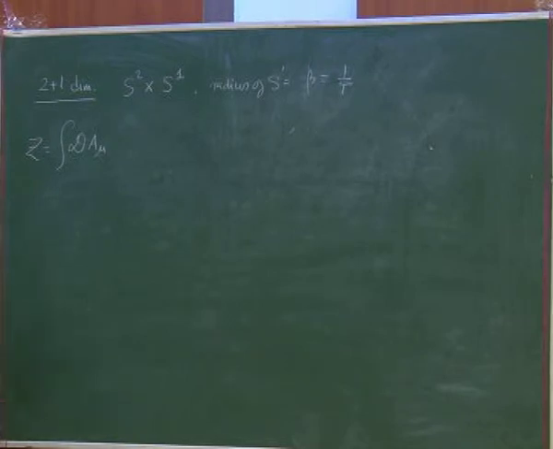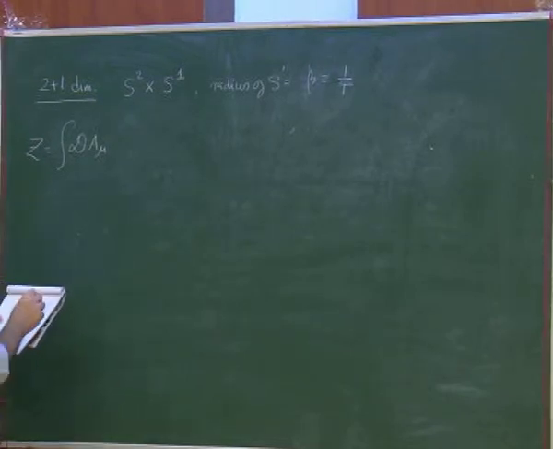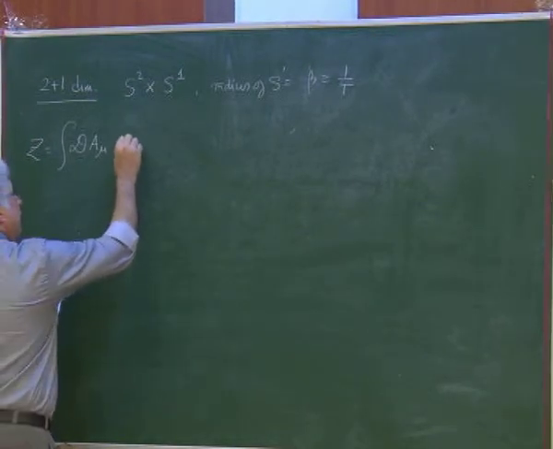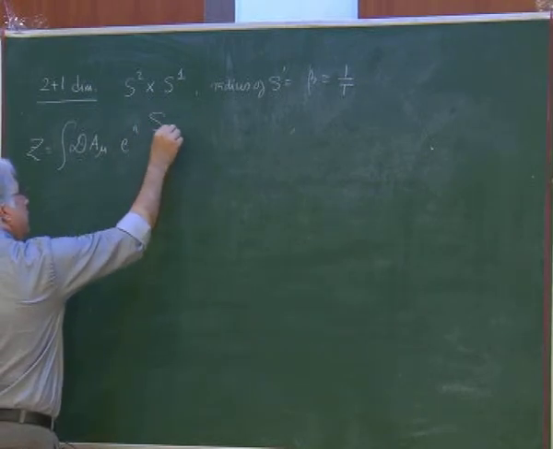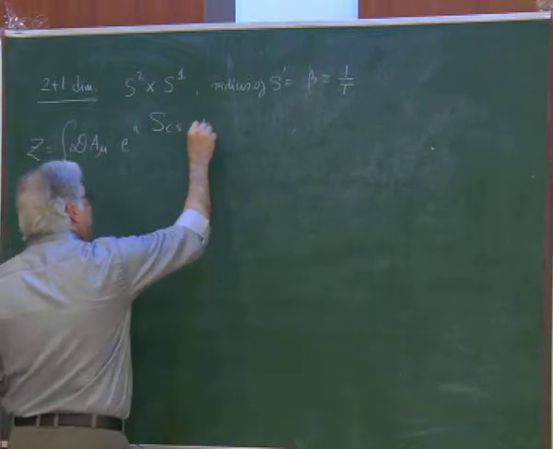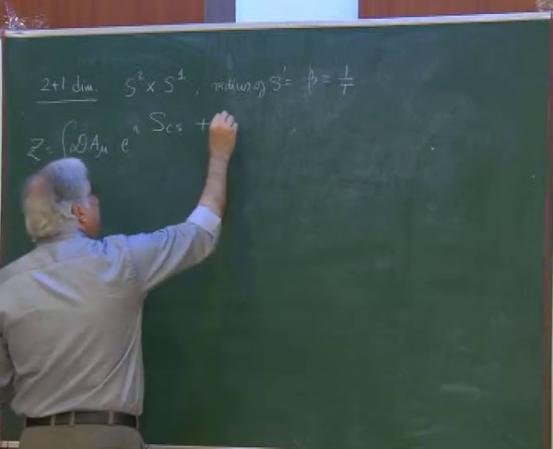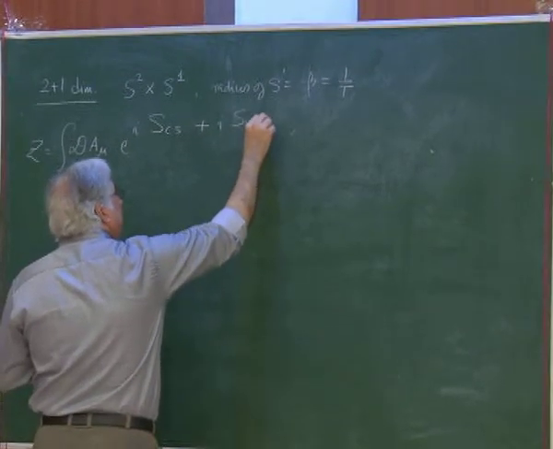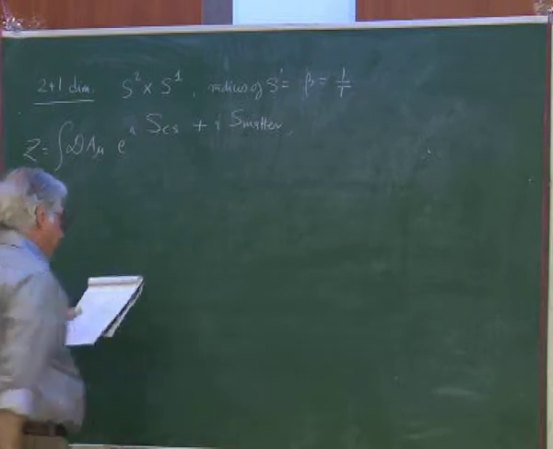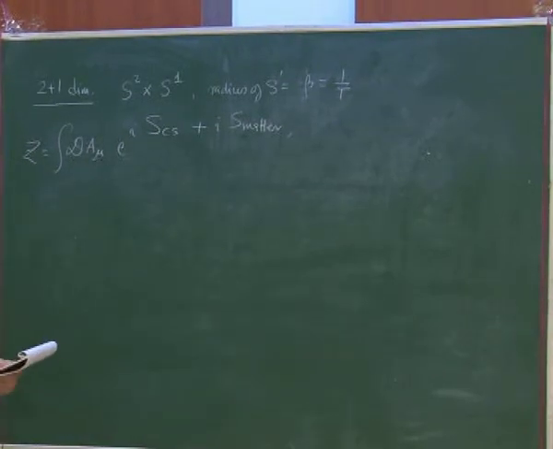It is e to the I, the action of Chern-Simons theory, plus I times matter, all types of matter possible. Like yesterday I described bosonic matter, fermionic matter, supersymmetric.